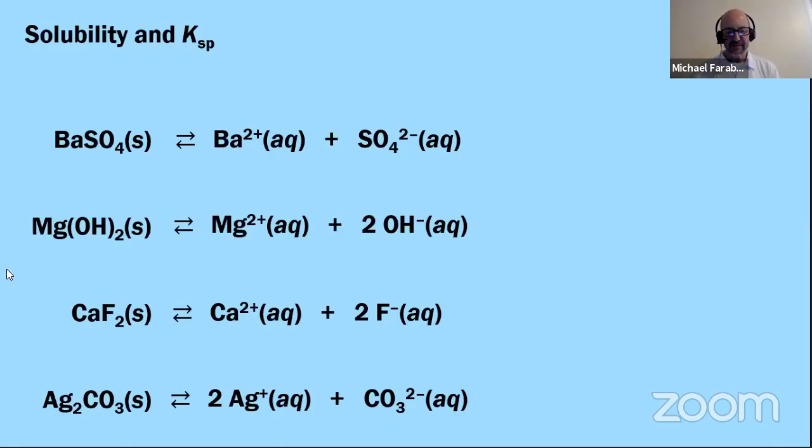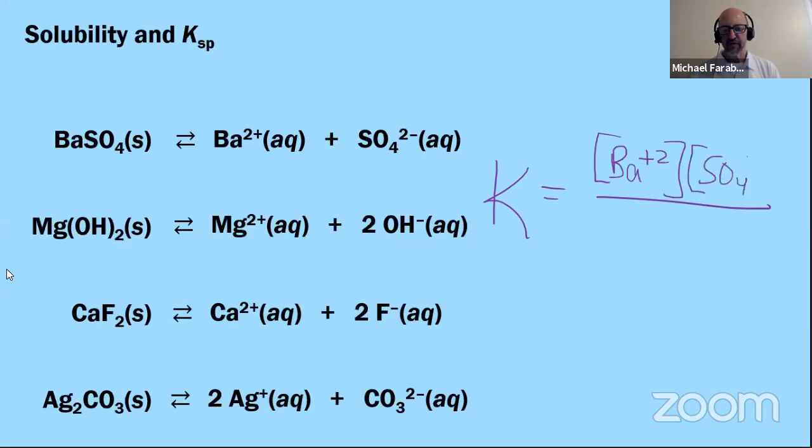Now, if I were to write, let's say, barium sulfate and write the K, and again, not paying attention to phases of matter, I might think that it's going to be the concentration of barium times the concentration of sulfate divided by the concentration of barium sulfate.